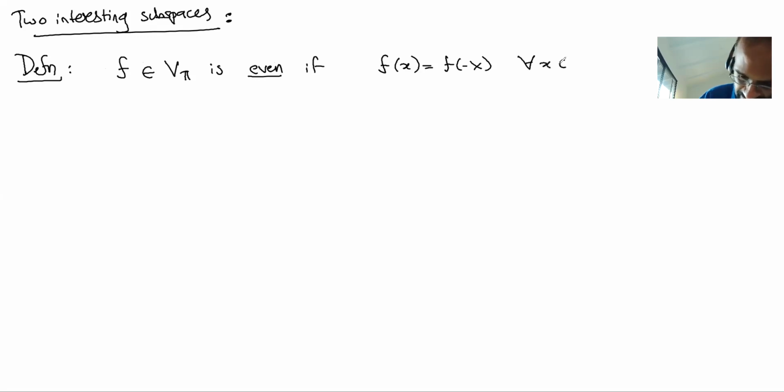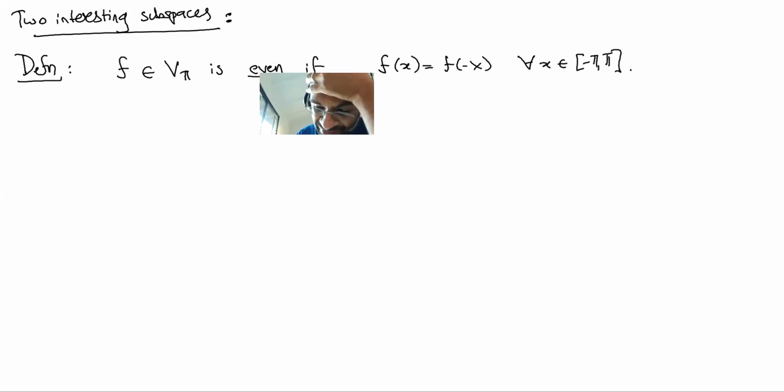For every x in minus pi to pi. So that's just a way of saying if you reflect the function across the y-axis, it doesn't change. Right? So for example, absolute value is an even function, right? It looks like this.